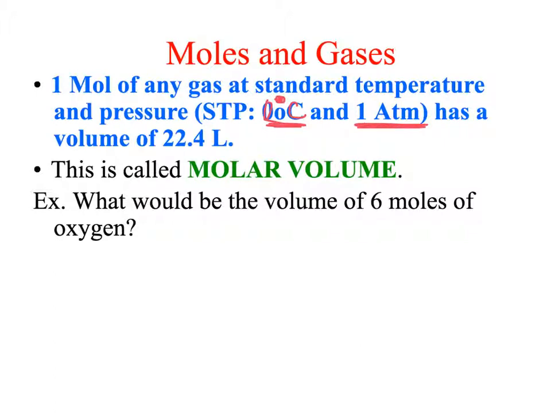So the rule is that a mole of any gas, doesn't matter what the gas is, will always take up the same amount of space at 0 Celsius and 1 atmosphere, and that amount of space is 22.4 liters.